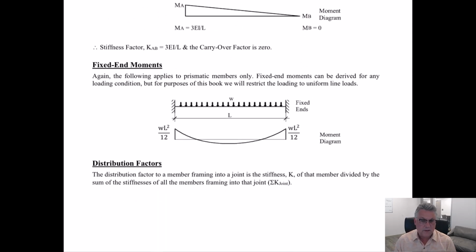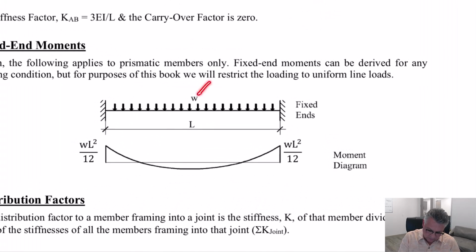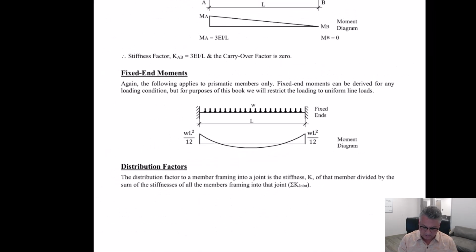The idea in moment distribution is that we start with all of the joints completely fixed. So they can't move, they can't rotate, we're locked in every one of the spans. For the vast majority, if not 100% of this course, we will be looking at uniform distributed loads.